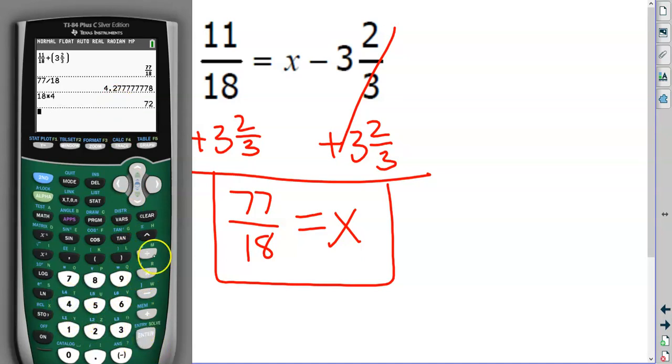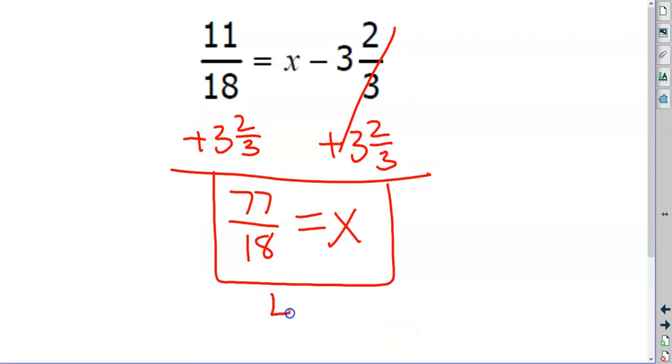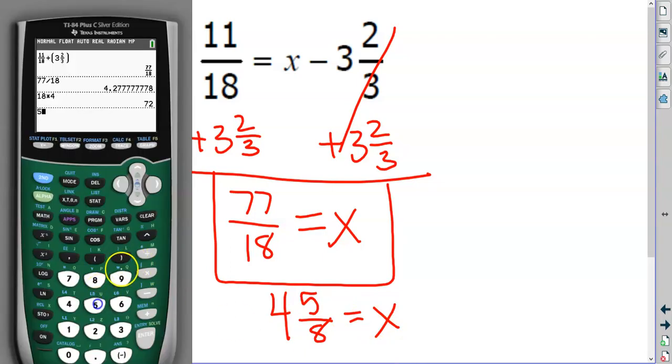So we know that it goes in 4 times, because 18 times 4 is 72. And 77 minus 72 is 5. So the remainder would be 5. So 4 5/18. Let's just double check that. 5 divided by 18 should have the same decimal value. And it does.